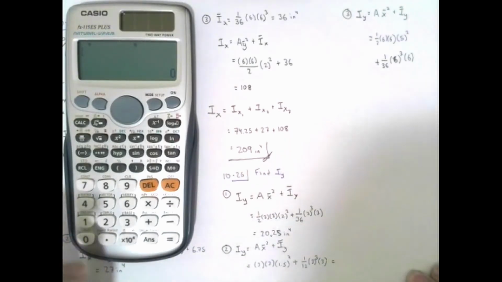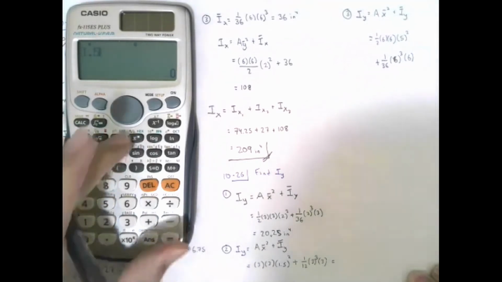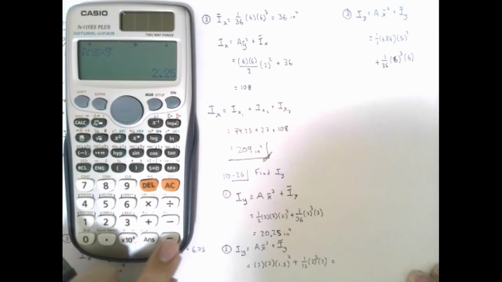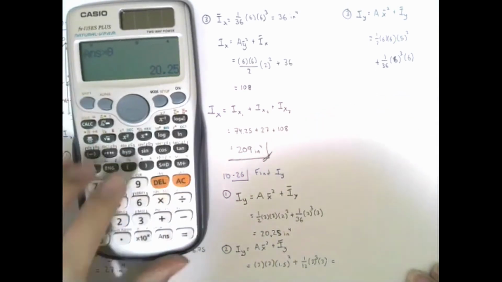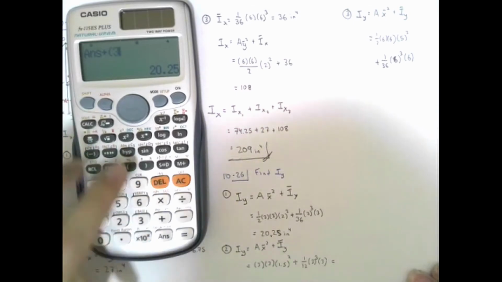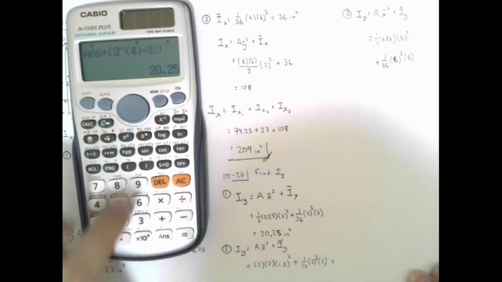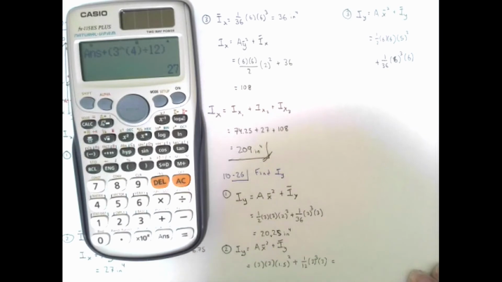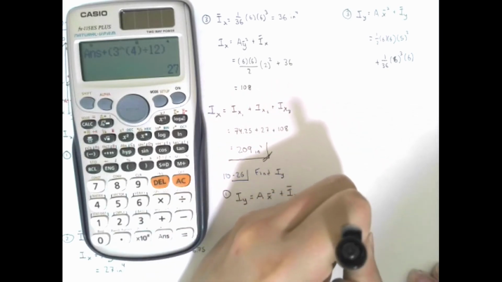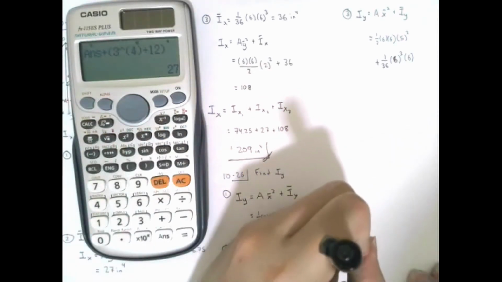For the rectangle, I have 1.5 squared times 9 plus 1 over 12 times 3 to the power of 4. I get 27 inches to the power of 4.